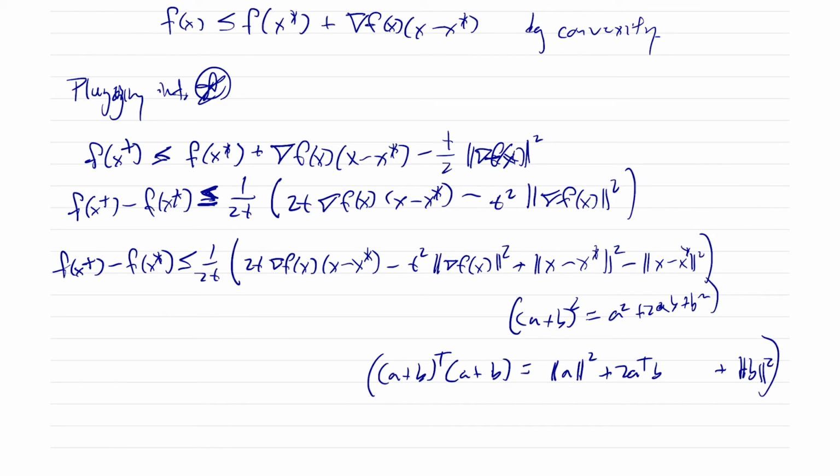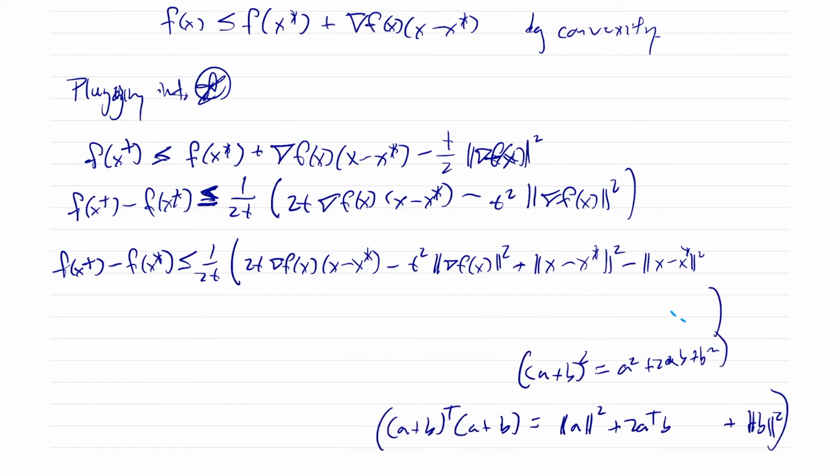So if I take this guy and this guy, I can turn those into a perfect square. Moving these guys off to the side and out of the way, what we get is this.